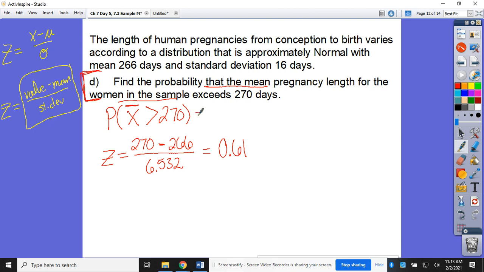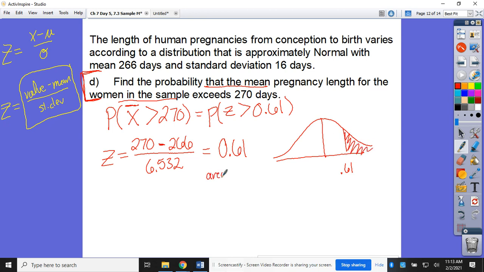So rewriting this in terms of z. Draw a shade. Shade to the right. Find my area. What is my area for a z value of 0.61?